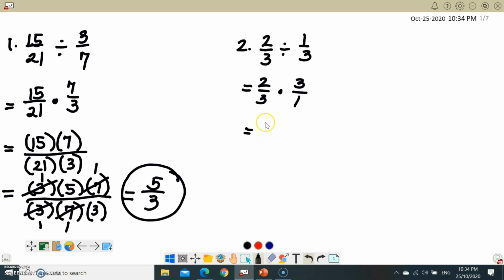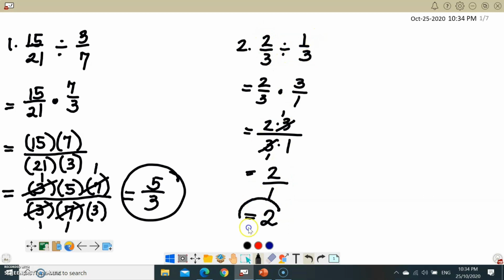So we have 2 multiplied by 3 over 3 multiplied by 1. So we cancel 3 and 3. The quotient is 1. 2 times 1 is equal to 2, over 1 times 1 is equal to 1. And any number divided by 1 is the same as the number. So we have here 2. So the quotient of 2/3 divided by 1/3 is equal to 2.